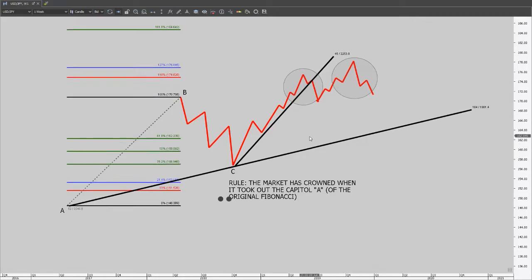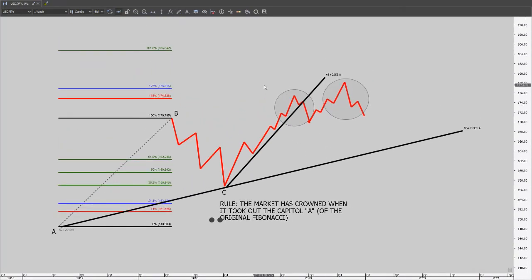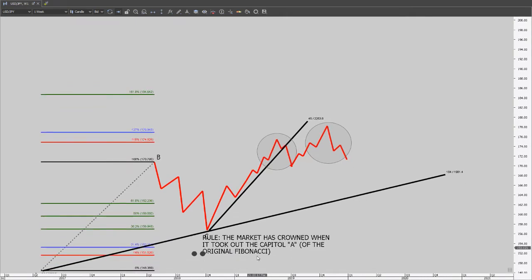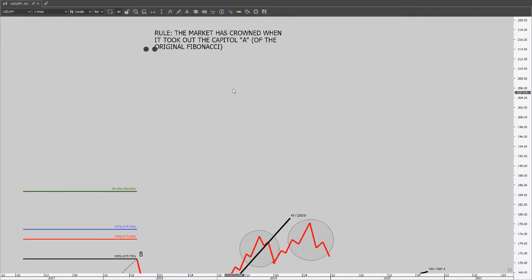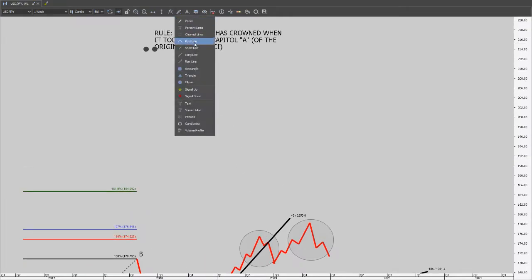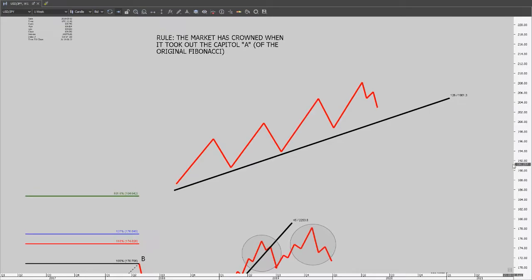This is number one, and this is an easy one, right? So let's put this up in here. This is an easy, understandable rule for the beginner trader who has difficulties, right? Let's say that this is the Fibonacci: A, B, C, D, A, B, C, D, A, B, C, D, A, B, C, D, right? So even though the market here is going to make two lower lows and two lower highs, right?